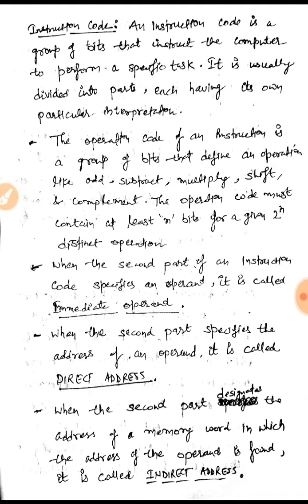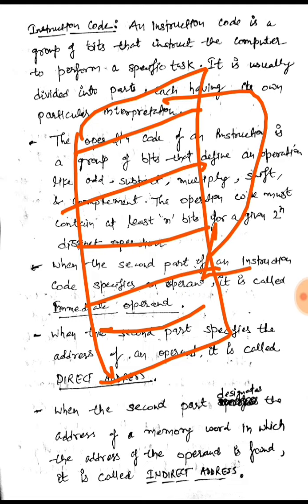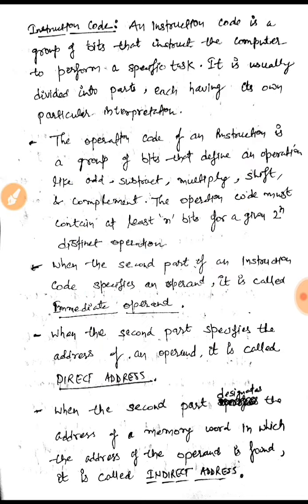Whereas if the second part designates the address of a memory word, that is, if this is the memory and the second part denotes some other memory location, giving me the address of some other location, then it will be the indirect address mode. So there can be different addressing modes depending upon where we are fetching our data from.